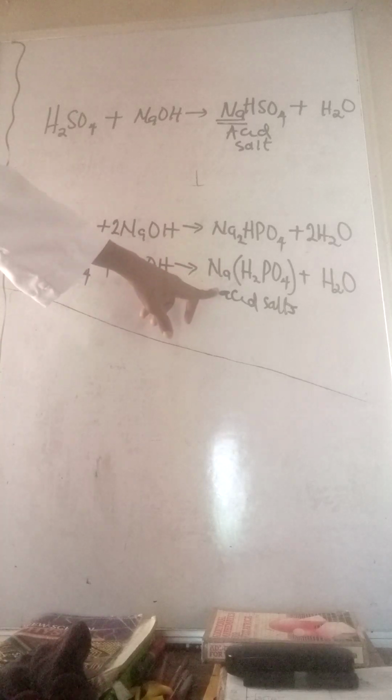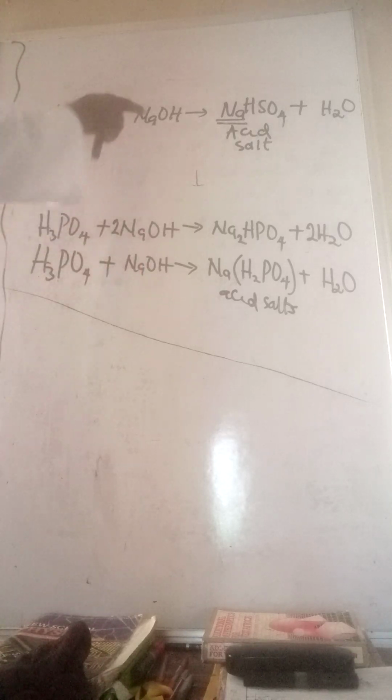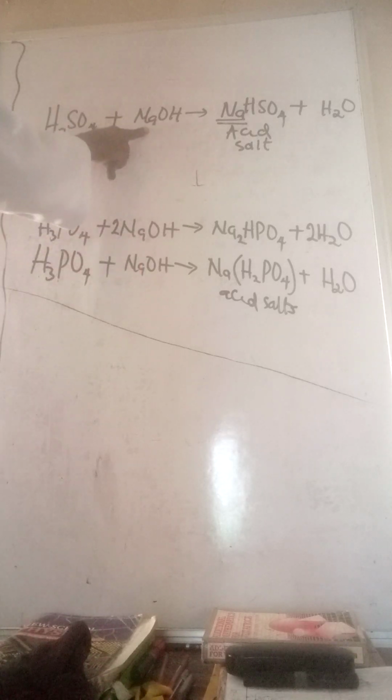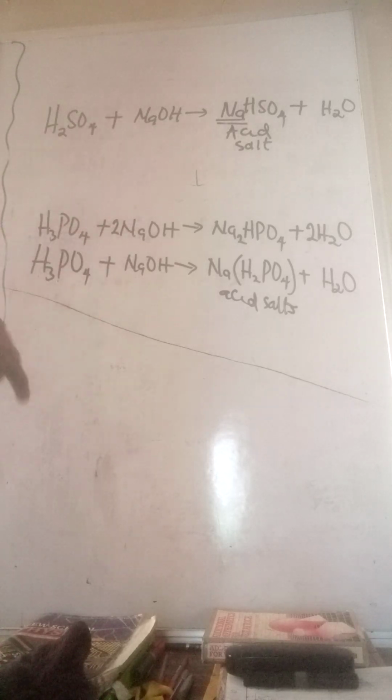While an acid with three replaceable hydrogen ions like this, we can form two different acid salts. That means if there is an acid with four replaceable hydrogen ions, it will form three acid salts, provided the bases used have monoatomic metals such as sodium, potassium. Those are monoatomic.